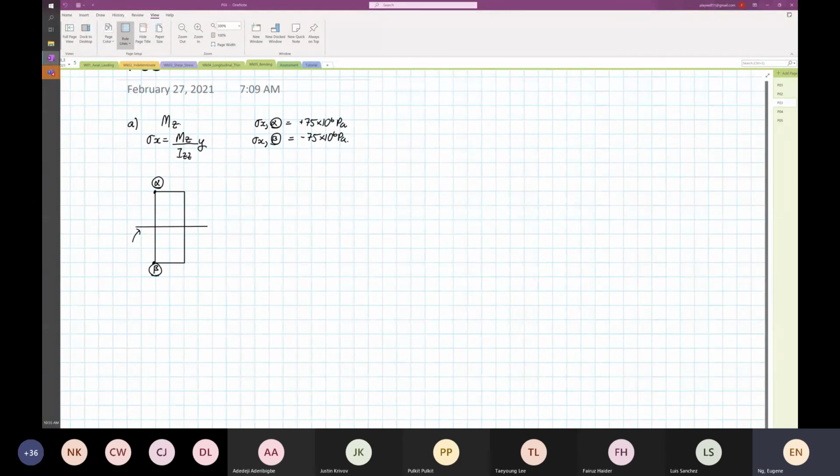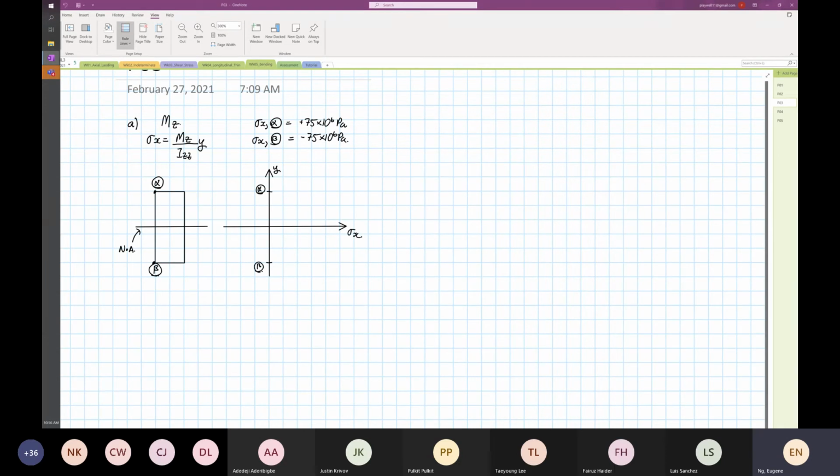Then this is our y, and over here this is our normal stress in the x direction. At alpha, where y is positive, this is our alpha position, and this is where our beta position is.